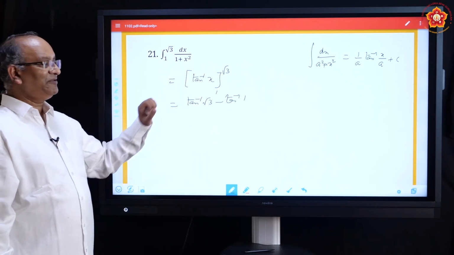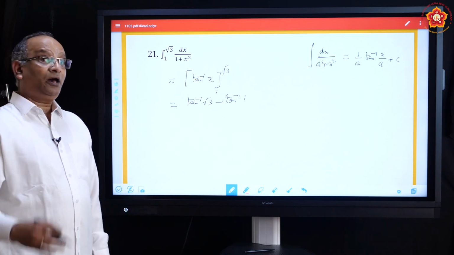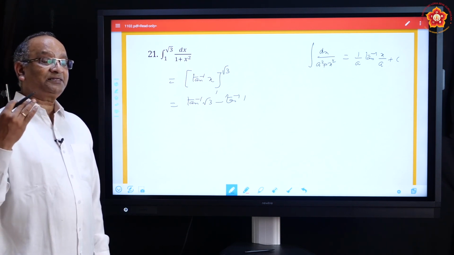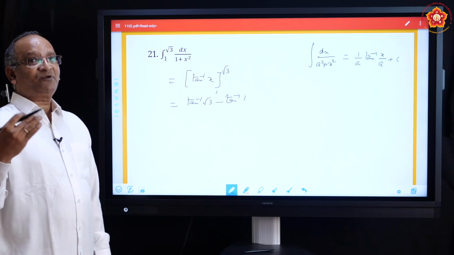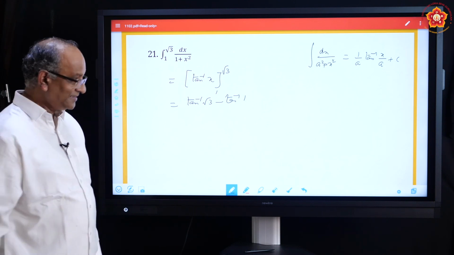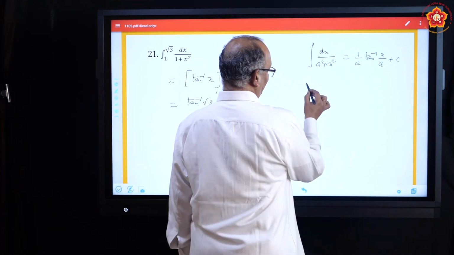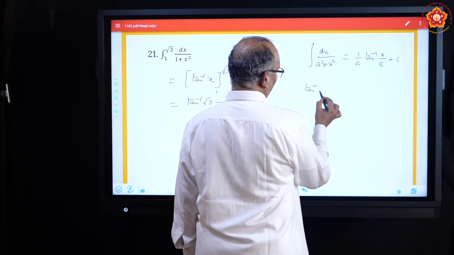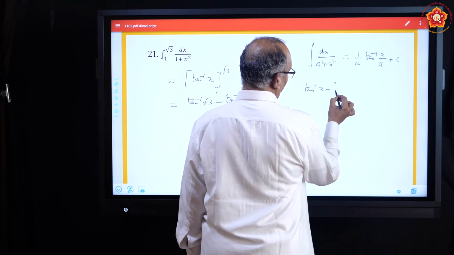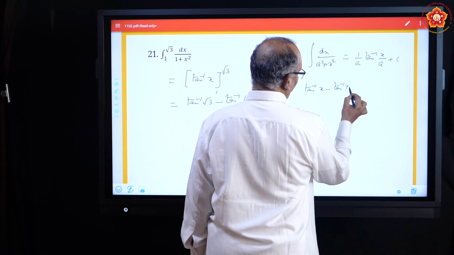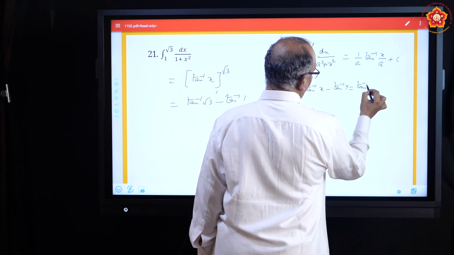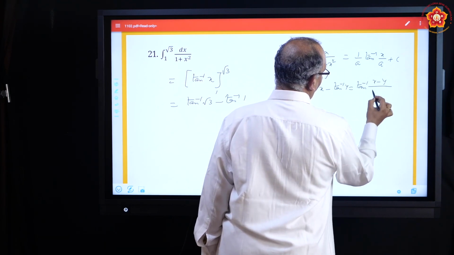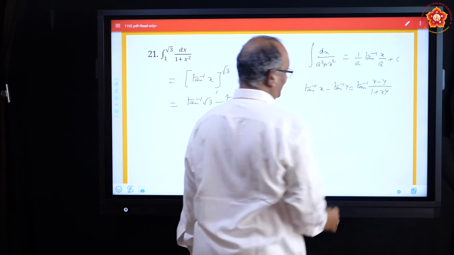You can either leave it here like this, or you can recollect the inverse trigonometric function formula. What was it? The formula was tan inverse x minus tan inverse y is equal to tan inverse of x minus y upon 1 plus xy.